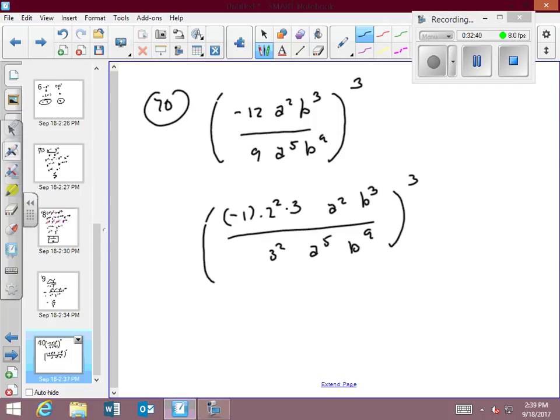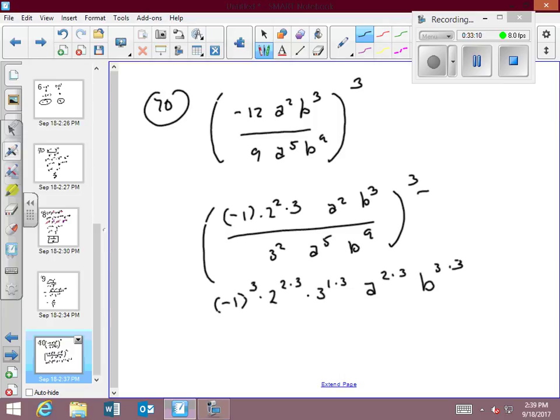Now then, this 3 I'm going to run through there. So that 3 says that minus 1 is to what? Third power, right? Minus 1 cubed. Then it's 2 to the 2 times 3, times 3 to the 1 times 3, a to the 2 times 3, b to the 3 times 3.